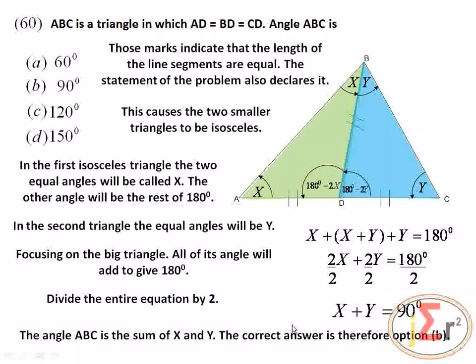The angle ABC is the sum of x and y. The correct answer is therefore option B, 90 degrees. So the angle ABC turns out to be 90 degrees.